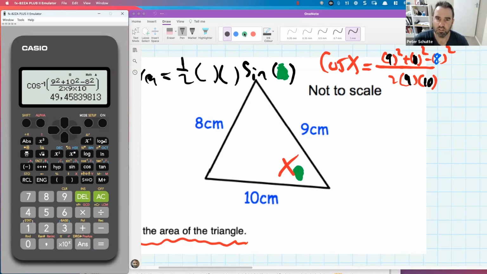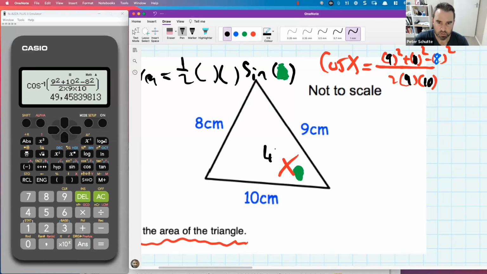So it feels like the angle that I get is 49.46. And if the angle is 49.46, what's my area going to be?